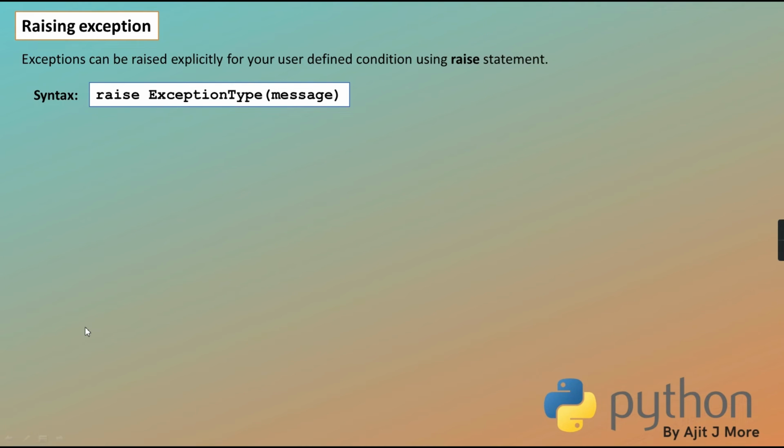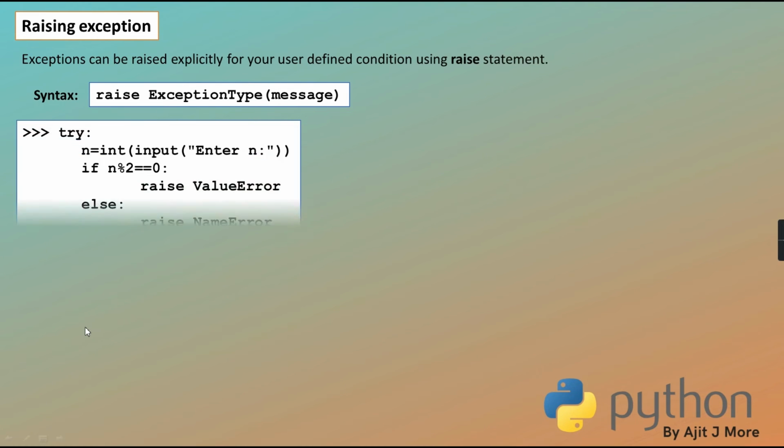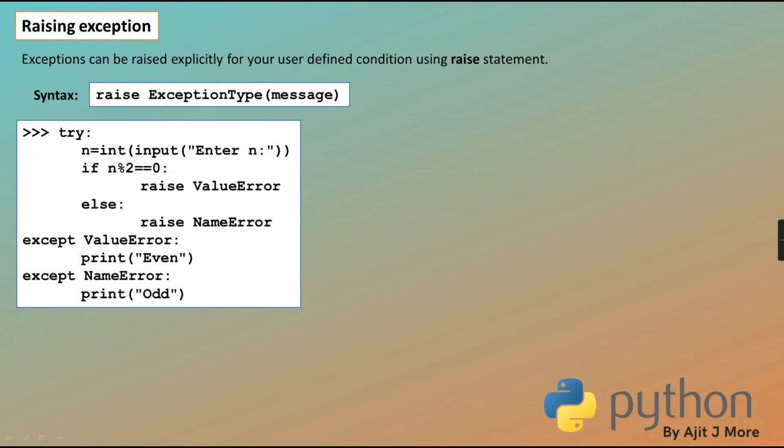Sure? Okay. See, this is an example. Here I am accepting n. If my n is 0, I am raising value error, and if it is odd, I am raising name error. It comes to the respective except: if it is value error, it will come here for even; if it is name error, it will come here for odd.